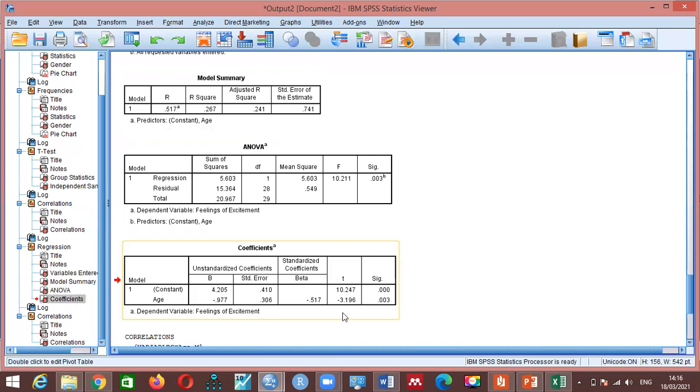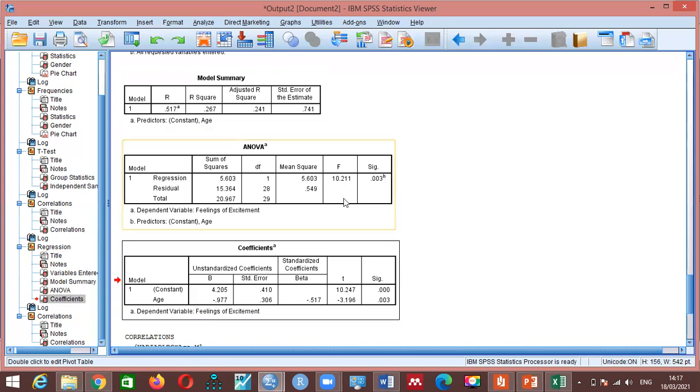The t value helps you to know whether it is negative or positive. So can you see this age down here? We are interested in this column that's minus 3.196. For this t value, all we're interested in is the sign, minus. So this tells us negative already. This is significant, yes, but now this is negative.